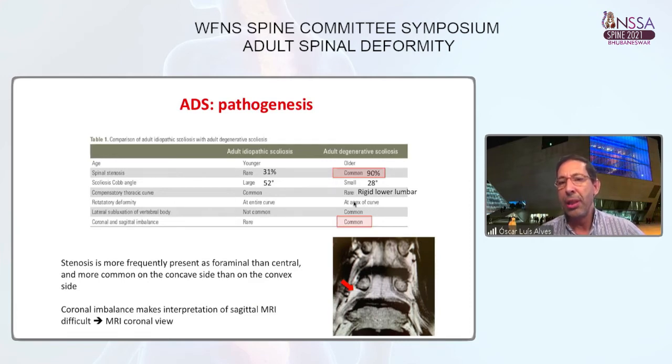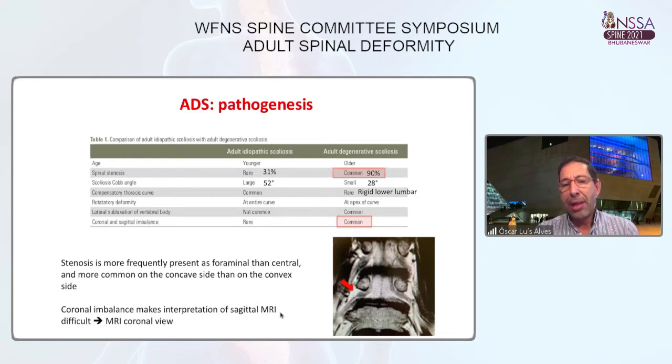Rotatory deformity is seen at the apex of the curve, and lateral subluxation of the vertebral body is very common. And what you should take into account is that sagittal imbalance is very, very common, opposite to adult idiopathic scoliosis. Stenosis is more frequent as foraminal than central, and more common on the concave side of the curve.